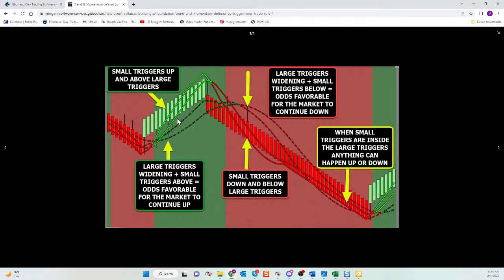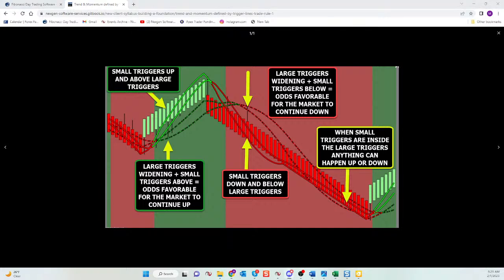And it's that space created between the small and large that lets you know that the odds are favorable for the market to continue in the direction of the trend. In a downtrend, small's below the large, accelerating away. The large are wide, they're angled in the direction of the trend. That space created between the large and the small lets me know that the odds are favorable for the market to continue in the direction of the trend.